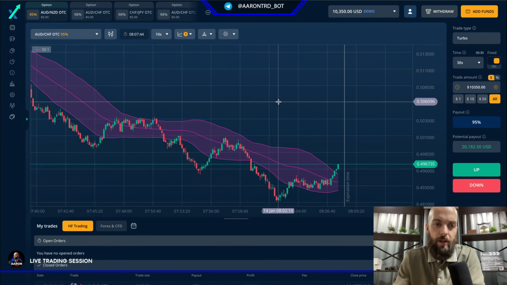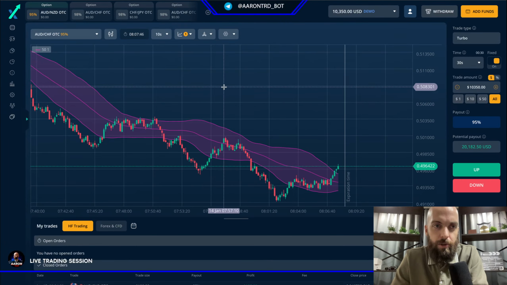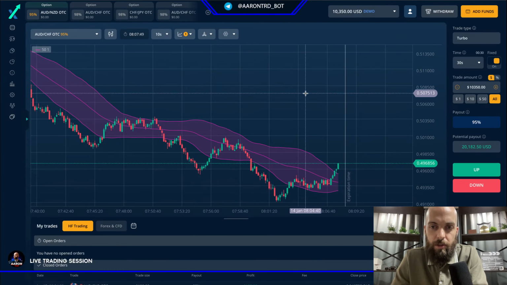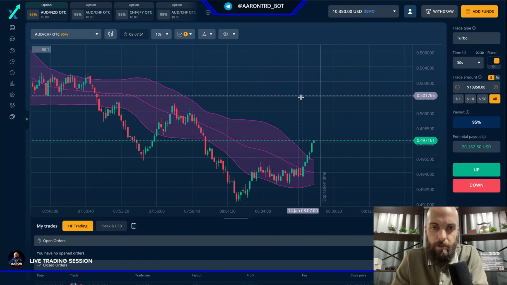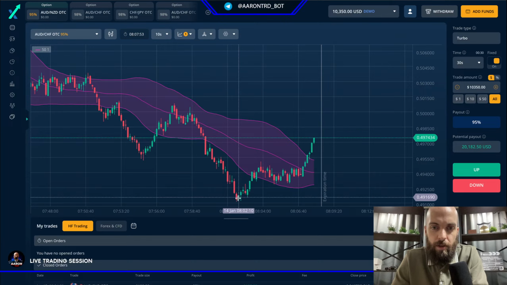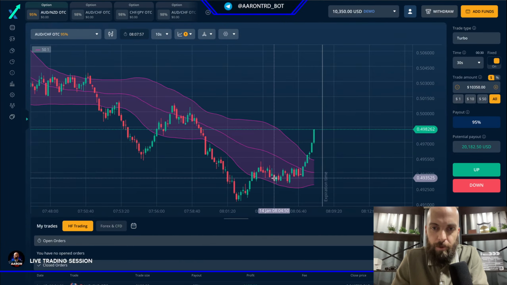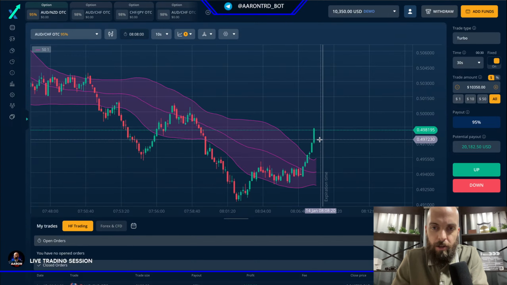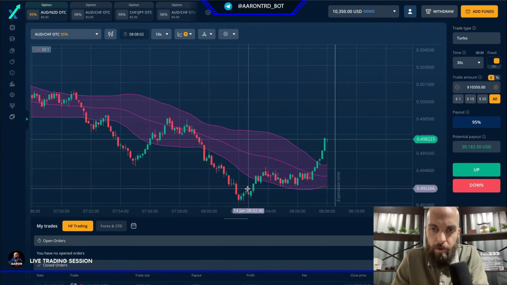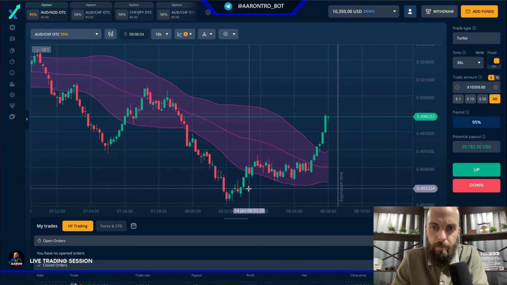So first, let's decide what we want to trade. Right now we're on the Australian Swiss. Looks like we kind of broke through here, and then we had some bounce back. Retested at the lower band and then shot up. So maybe we could catch one of those.